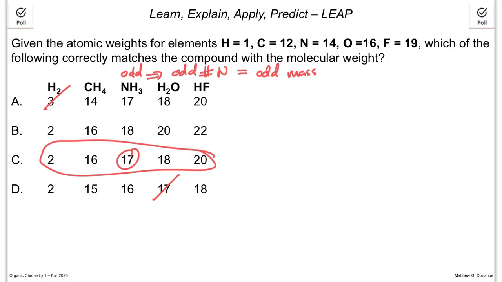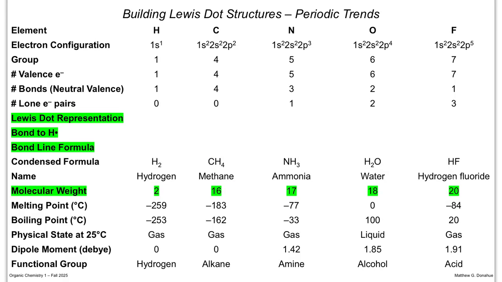So if you see a molecule with an odd number of nitrogens, the mass of that molecule is going to be odd. So that's something you can tuck away in your brain, and we'll talk about the implications of that in Module 2. So now we've filled in those numbers, 2, 16, 17, 18, and 20.